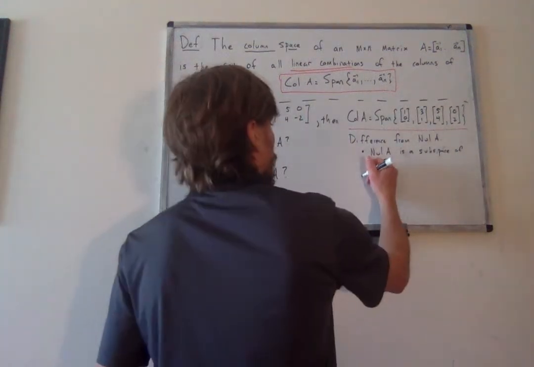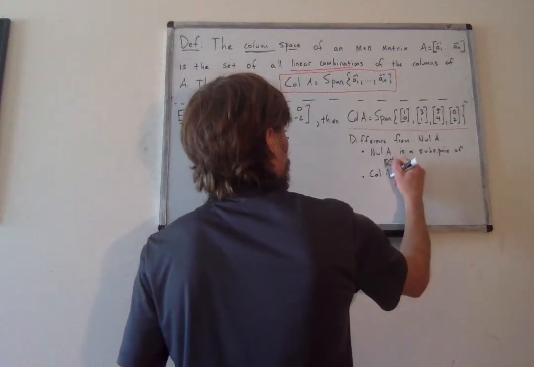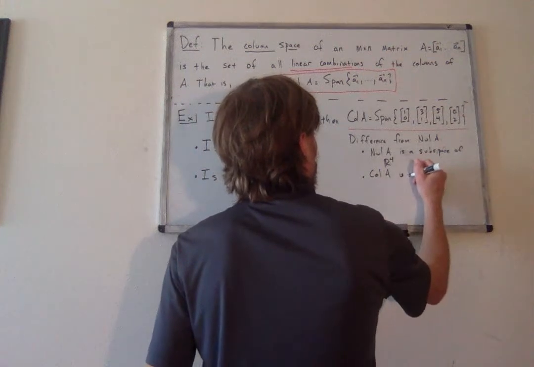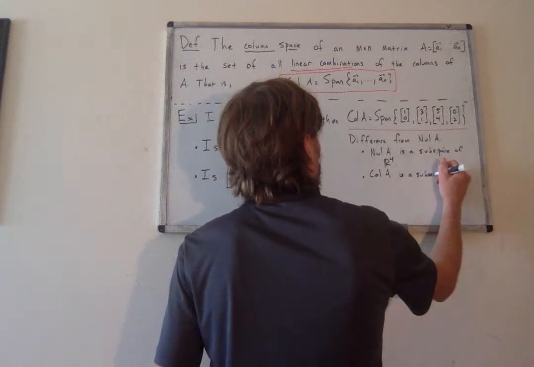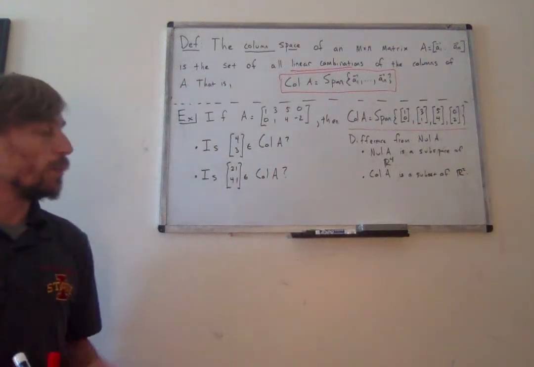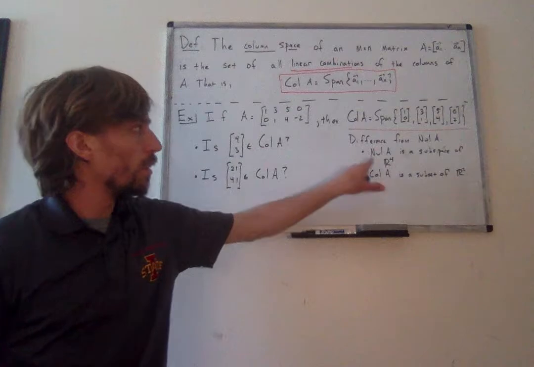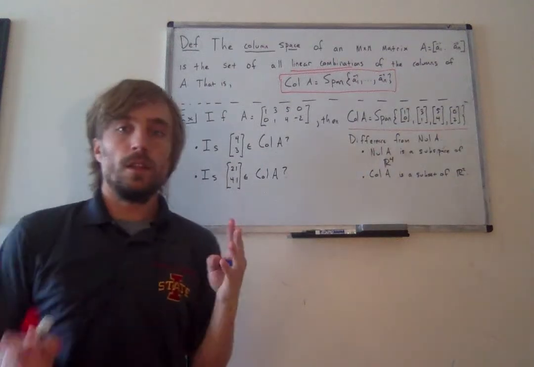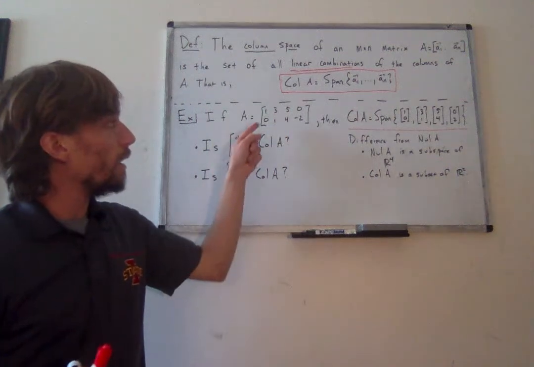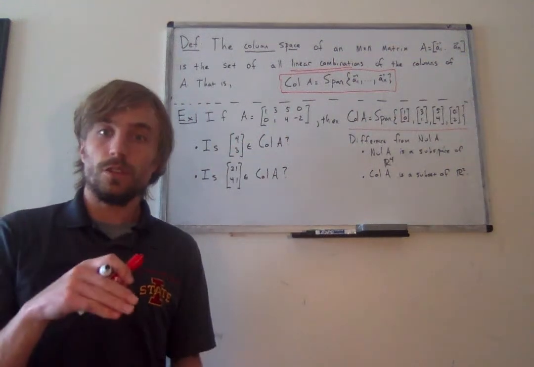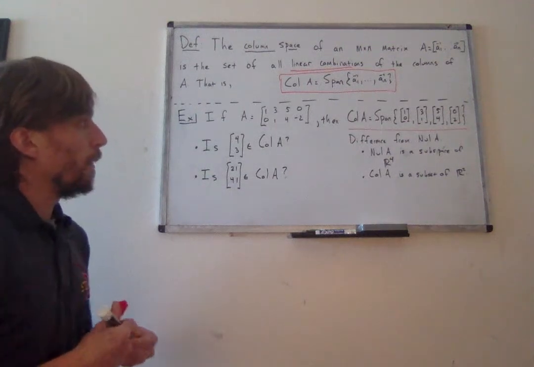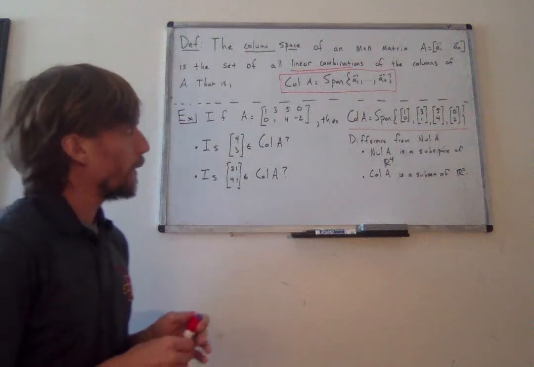But notice that here, the column space is a subset of R2. And we'll show in a second that the column space is in fact a subspace of R2. But notice the difference right off the bat, that the null space contains vectors equal to the number of columns of A, and the column space contains vectors equal to the number of rows of A. So, one difference right off the bat.